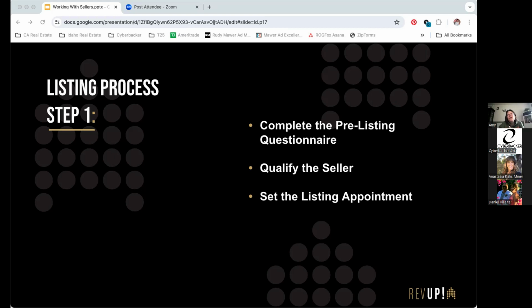Many homeowners are going to push you for opinions on pricing right away, because some believe the only differentiator between agents is the price that they recommend, and others are merely excited and eager to get started right away. So regardless, I don't make pricing recommendations before seeing the property or before having that actual listing appointment.